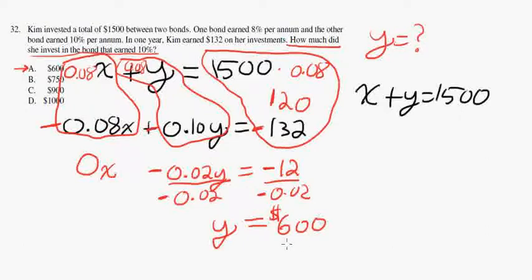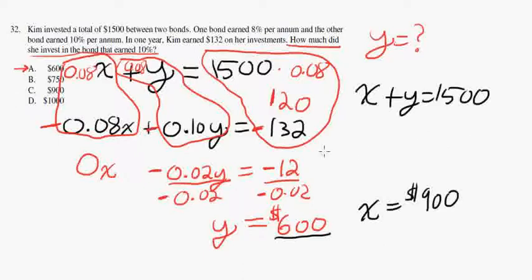Well, if investment y is $600, investment x must be $900, because 900 plus 600 is equal to 1,500. So we've got two values for y and x. Now we want to make sure they are correct. Well, 600 and 900 work for the first equation.